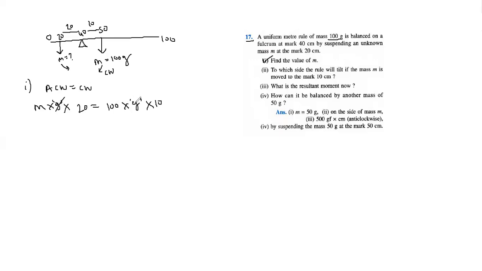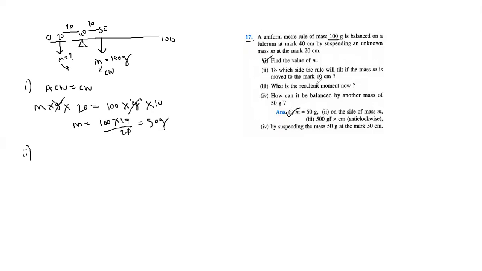So the g and g get cancelled. We get m equals 100 into 10 upon 20, which comes out to be 50 grams. So the first part says find the value of m, and we got the mass m as 50 gram.